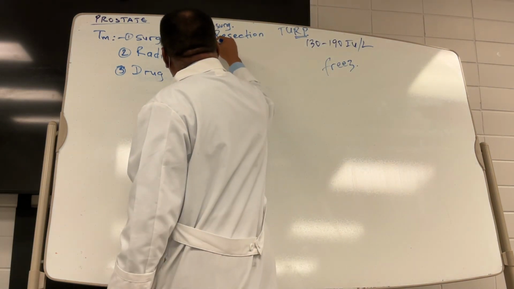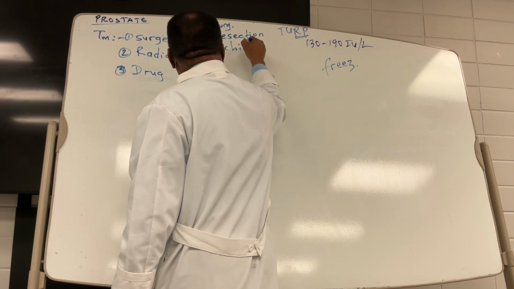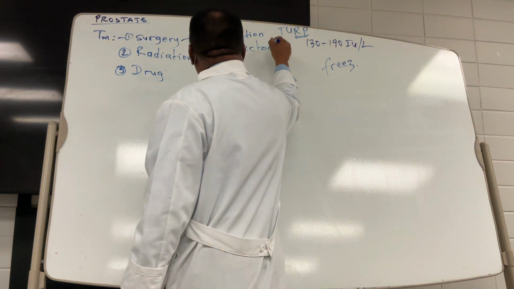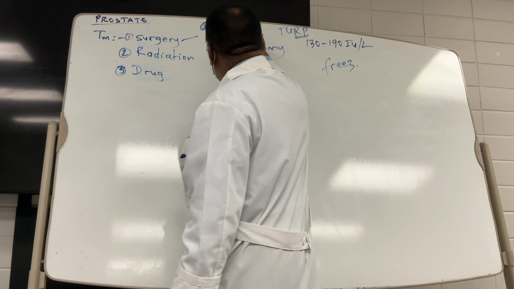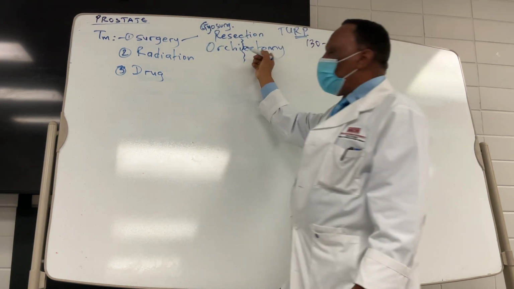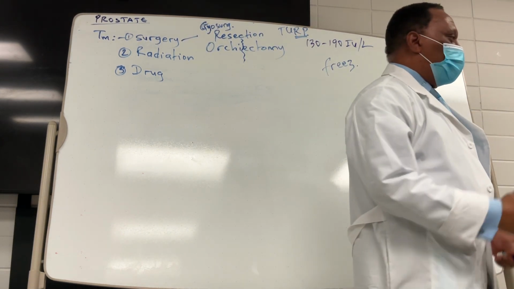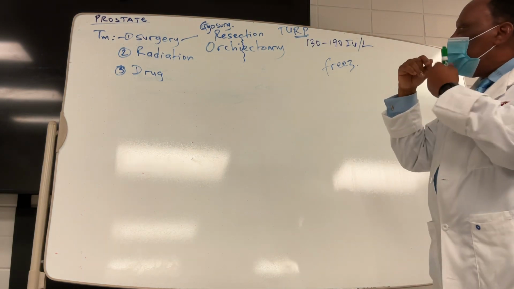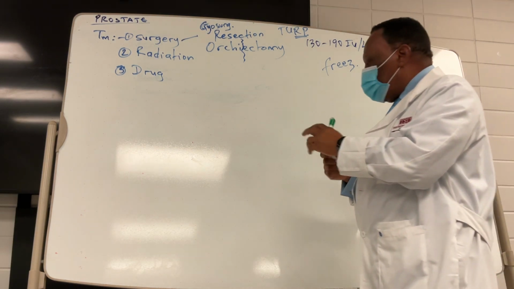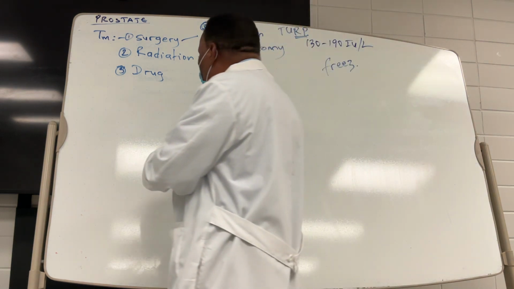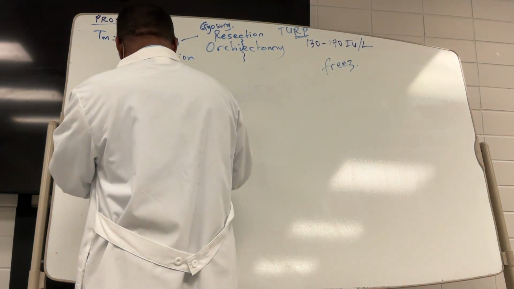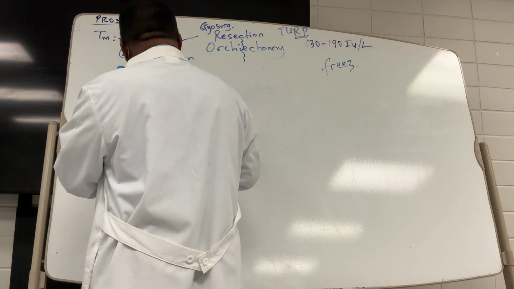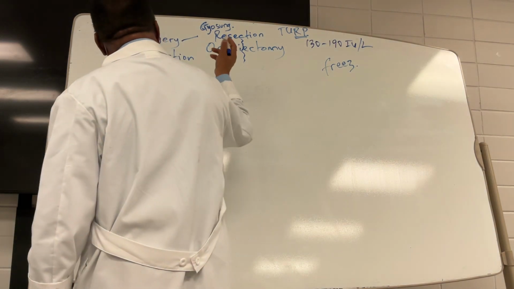Or one can do orchiectomy, which will basically be the removal of the testis, you know, so that the prostate cancer can be avoided. So all of those can be used in terms of surgery.